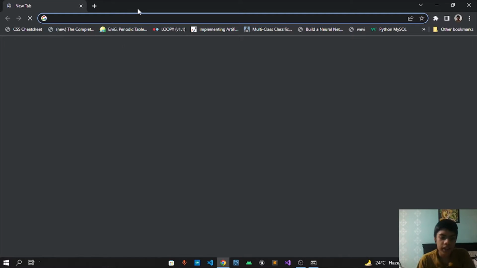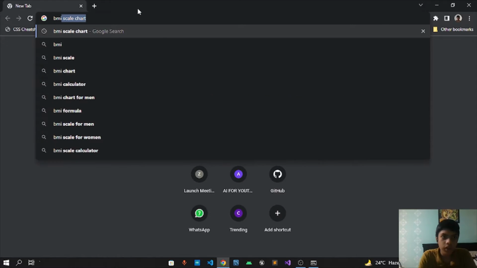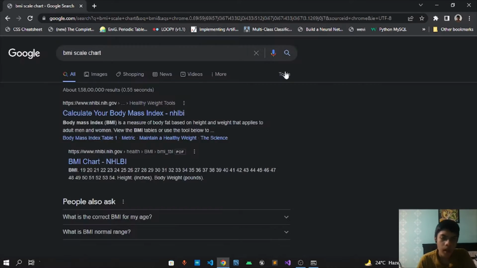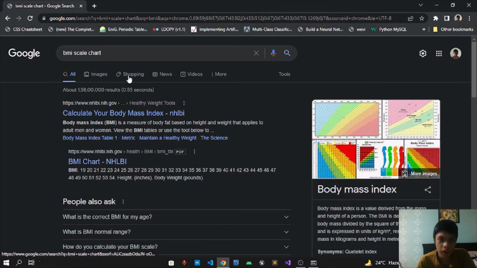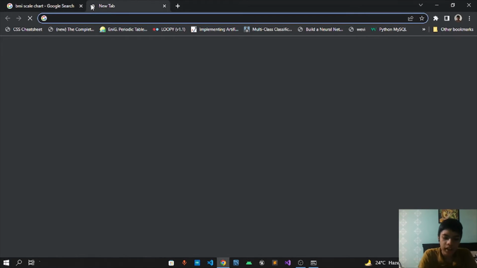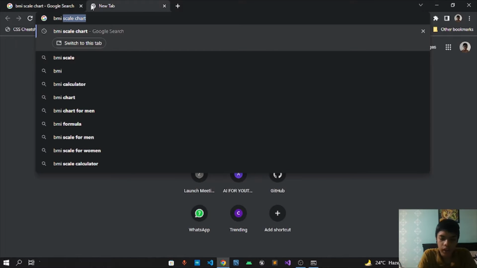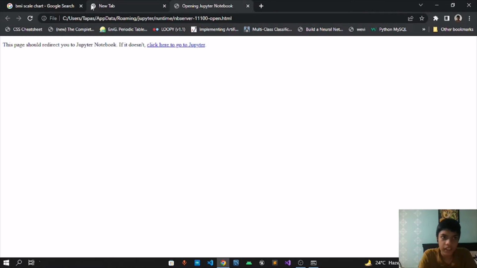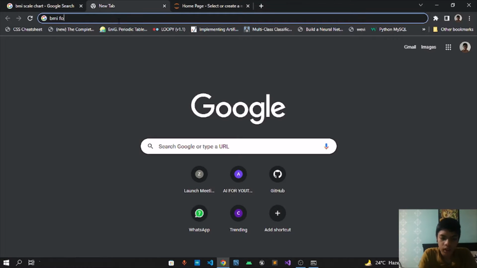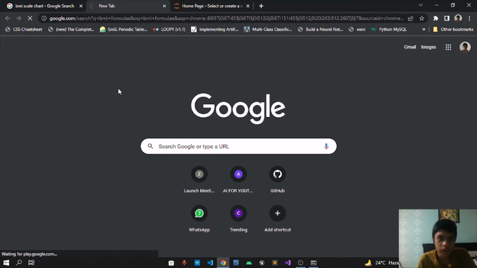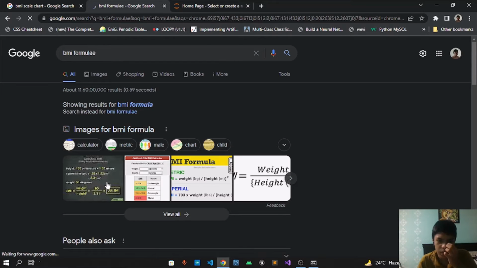And then let's get to the concept of the BMI scale. BMI means body mass index, and BMI is a ratio, we can say BMI has a formula. BMI is weight by height squared.